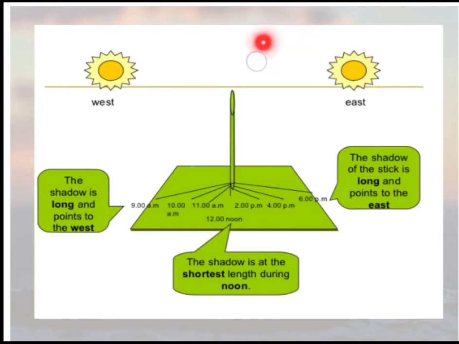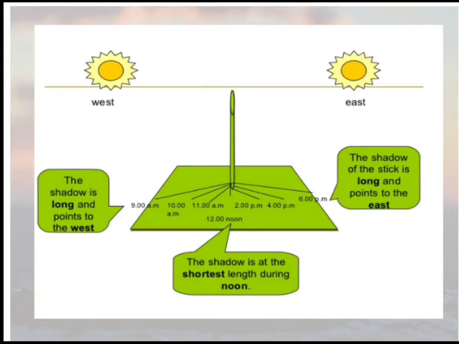Now in the evening, when slowly sun is moving towards the west direction, you can see the shadows are forming in the east direction. Like at 2 p.m. now the size of shadow is increasing.